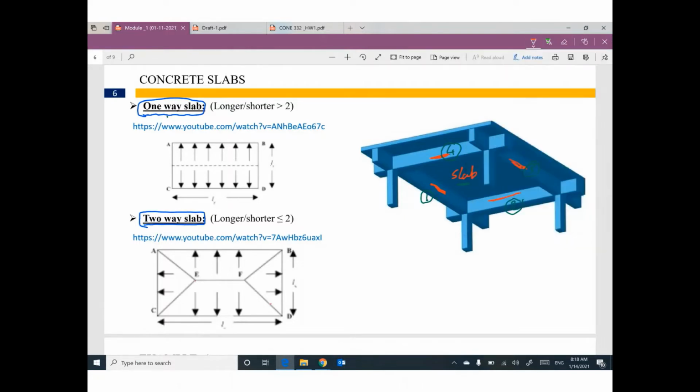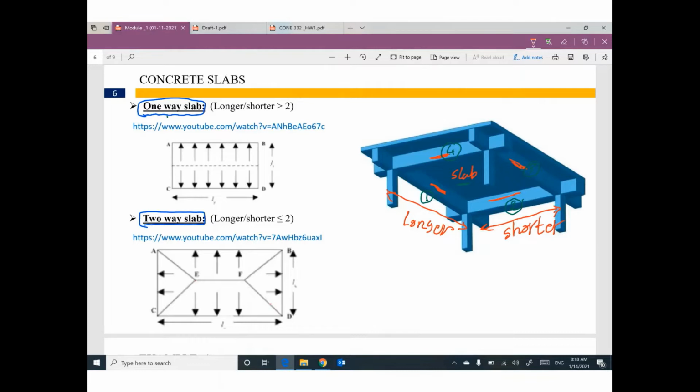Pay attention, please. For this slab, we have this dimension and we have this dimension. Probably one of them is the longer dimension and the second one is the shorter dimension. I'm talking about a rectangular slab.